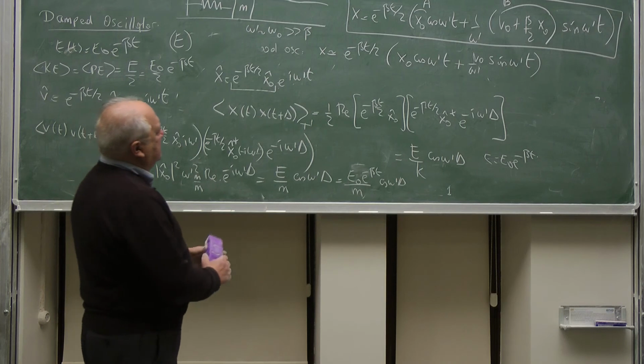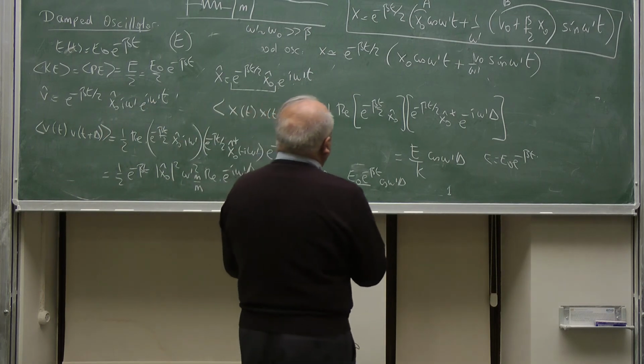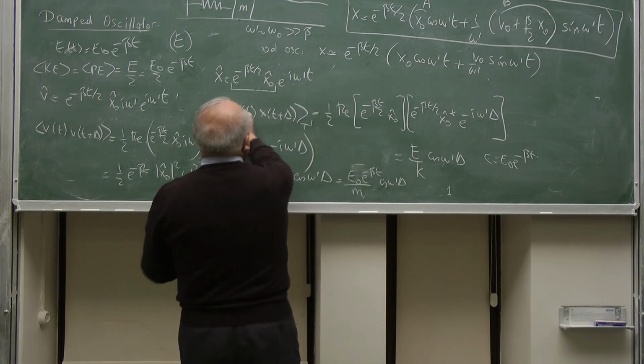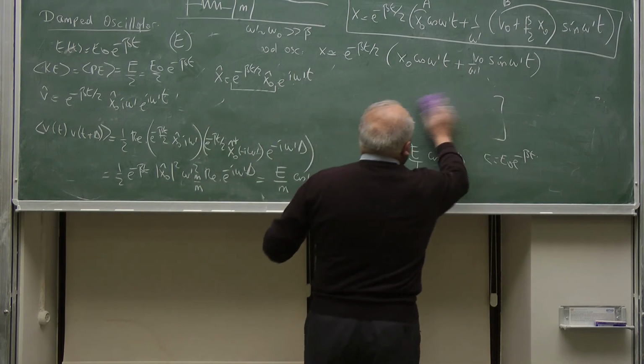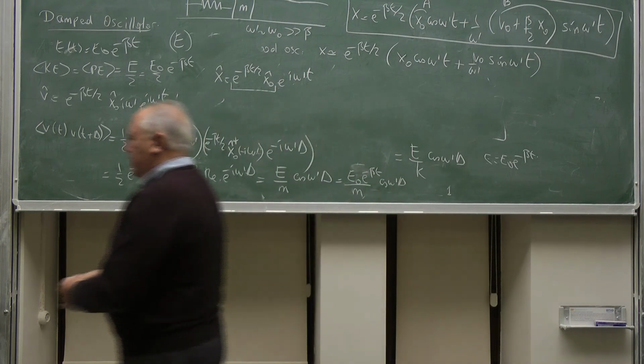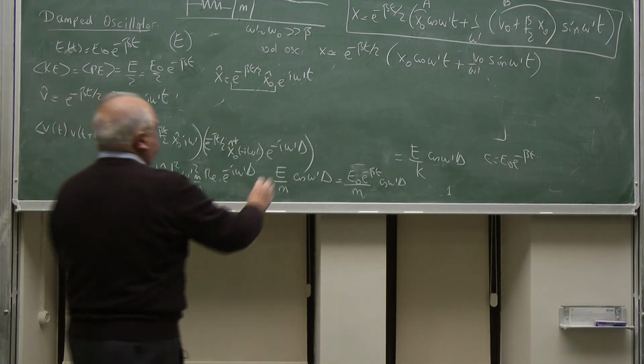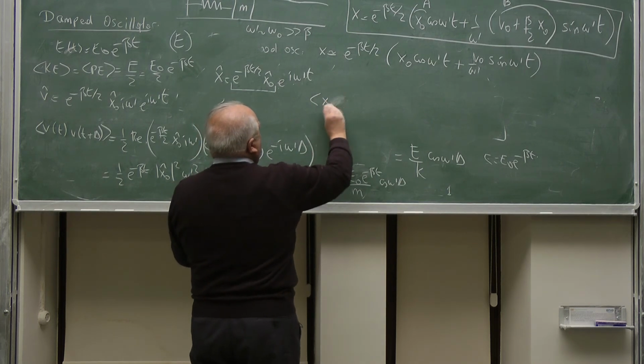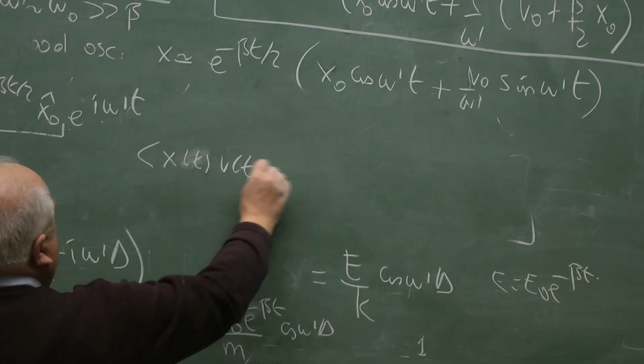I will not do it, but let me give you the third one: x(t) with v(t plus delta).